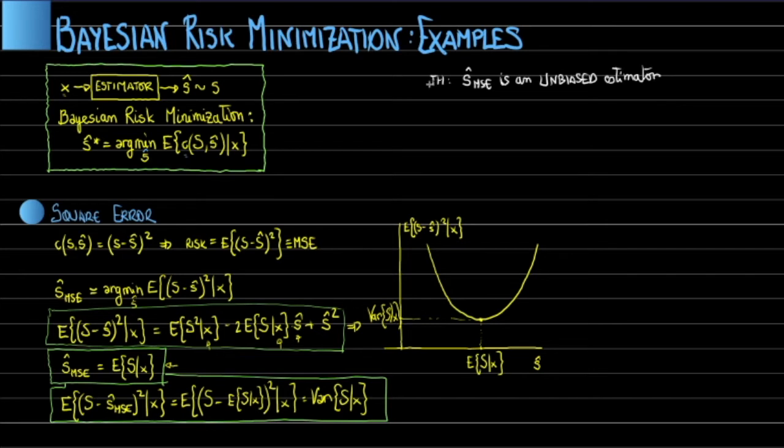Which means that the bias of the mean square error estimate is equal to 0. Okay? And the proof is quite simple. To see that, we can compute the conditional bias.